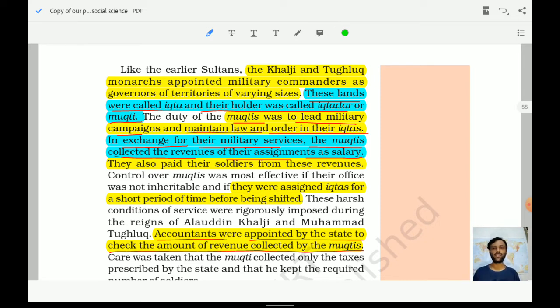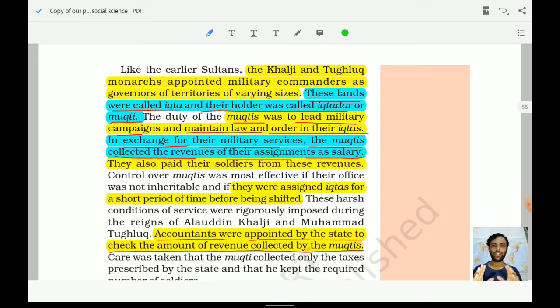They were assigned Iktas for a short period of time before being shifted. The important thing is that in this particular period, the Iktas, though they were given to the Muktis, did not become hereditary, because these people could be transferred anywhere, and whenever new Muktis were appointed, they had to work like salaried persons.